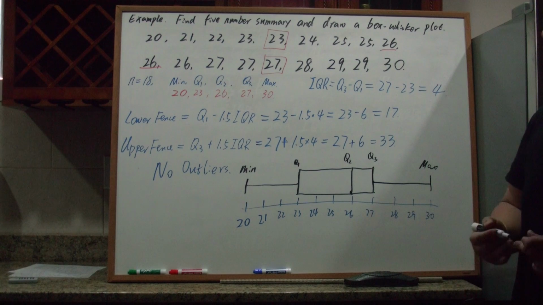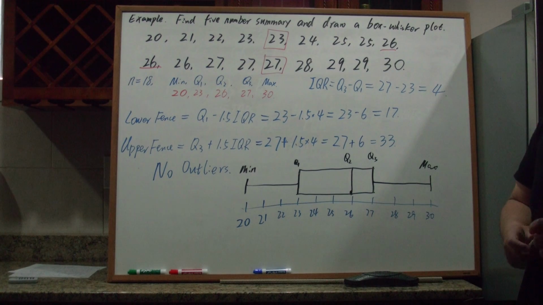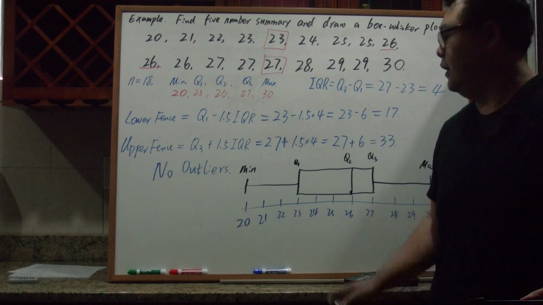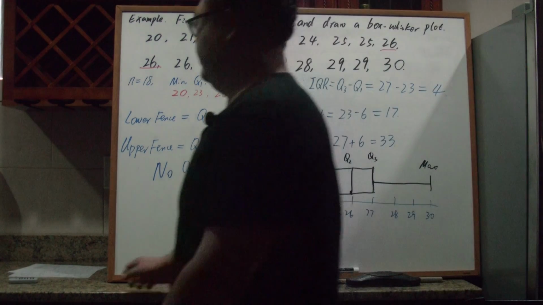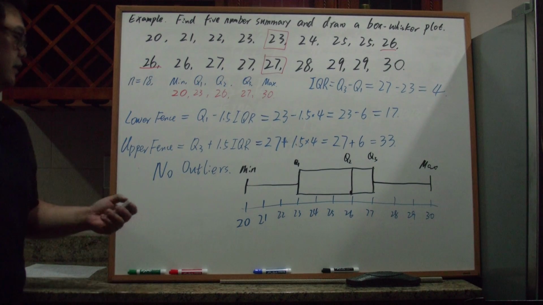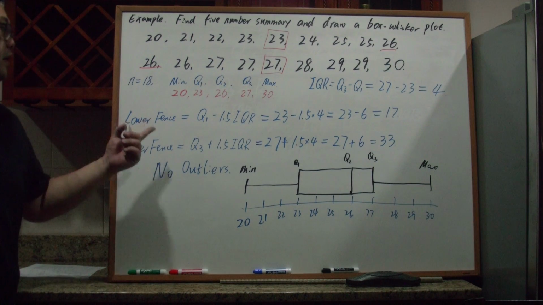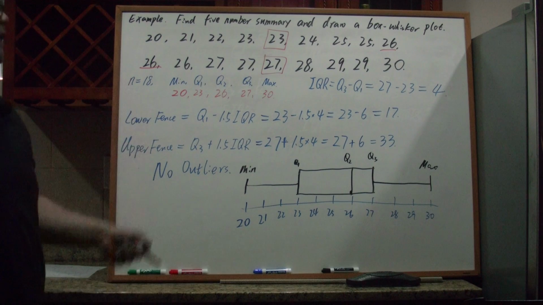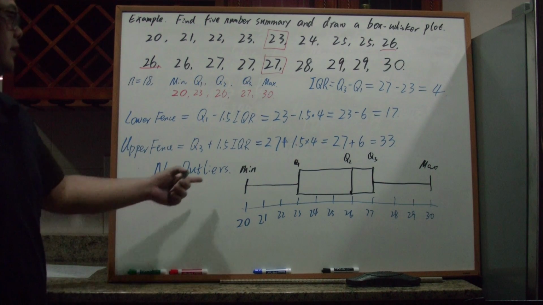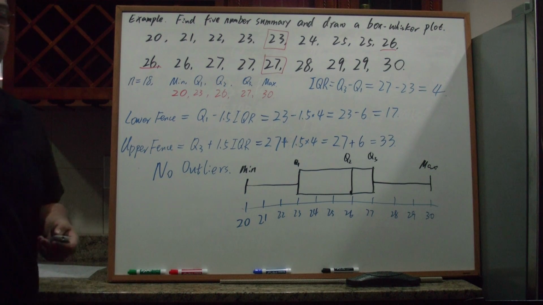So that is the box whisker plot of this question if we do not have outliers. Every value is within the fence and no outlier applies. So that's the clean box whisker plot in this question.